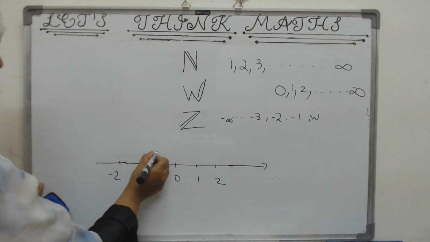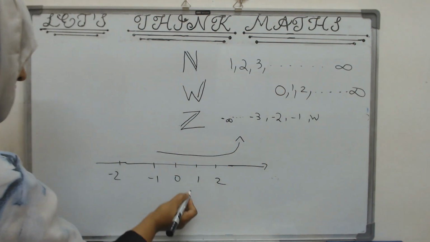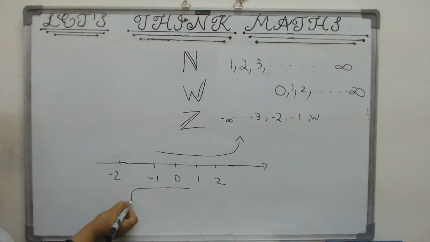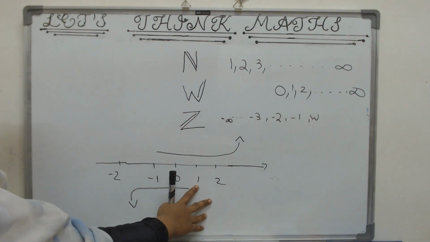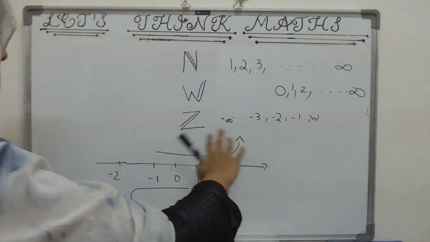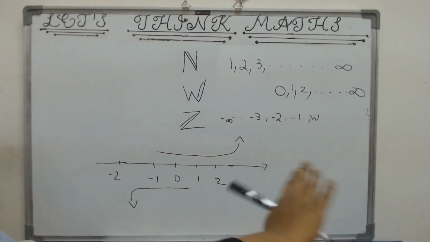So as we go towards the right of the number line, the numbers increase. As we come towards the left, the numbers decrease. So 0 is neither positive nor negative. The smallest positive integer is 1. There is no such thing as a greatest positive integer because it goes on and on and on.